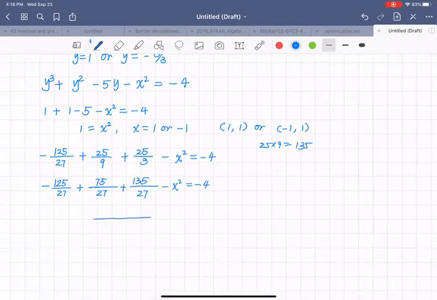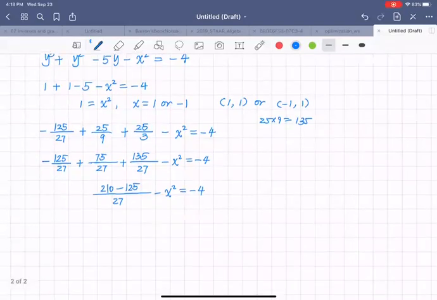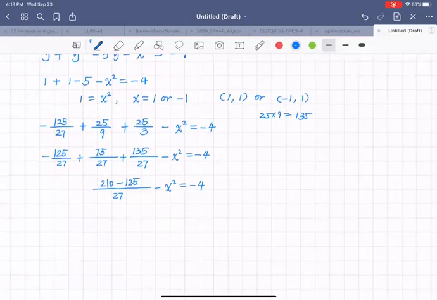So this gives 210 minus 125 minus x squared equals negative 4. So this gave you 85 over 27 minus x squared equals negative 4.